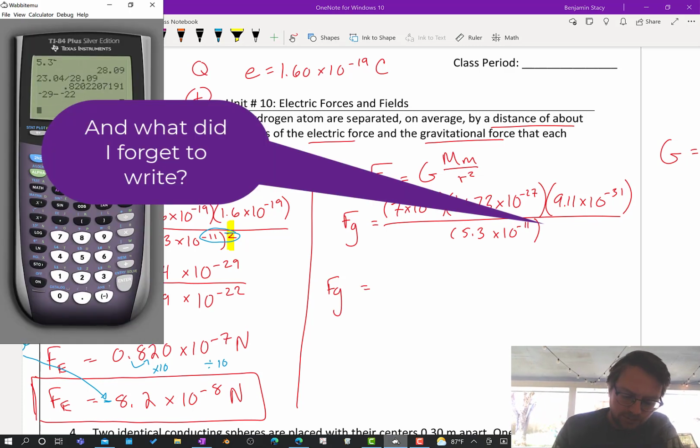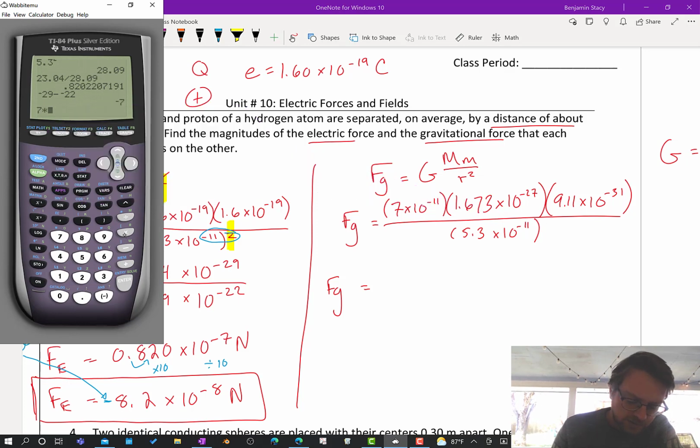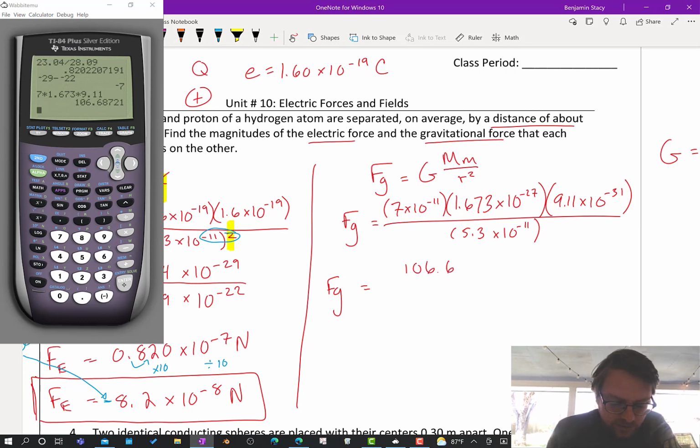Upstairs, I'm going to do my prefixes first. 7 times 1.673 times 9.11. And you can try it, see if you're getting the same thing by using just the scientific notation. I'm going to round this to 0.687. But I like to make sure we know we can do it separately, doing the prefix numbers and the exponents separately.